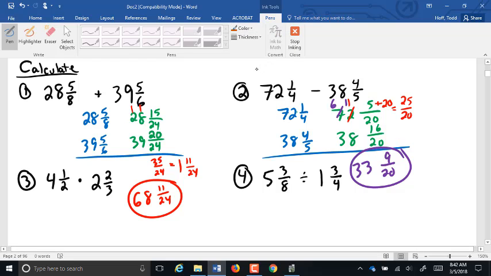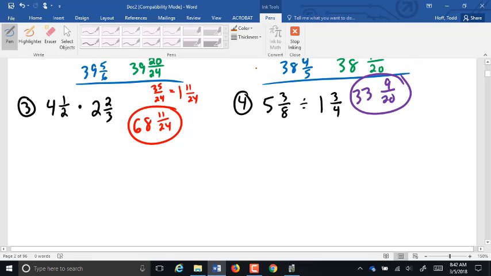Now for 3 and 4, multiplying and dividing, we do not need common denominators. But remember, the long multiplication and division processes are pretty complex. So to avoid that, we do what? Make them improper fractions.